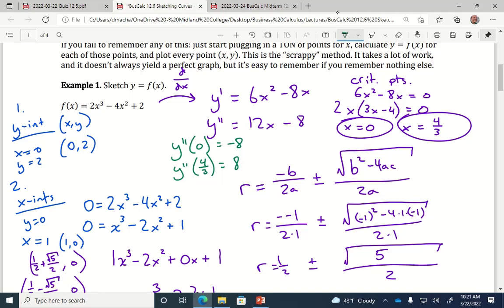So since the first is a negative second derivative, this is concave down. And since it's concave down, that implies that this is a maximum at x equals 0. Since this second derivative is positive, that means my function is concave up there. And since my function is concave up at a critical point, that means that is a minimum at x is equal to 4/3.